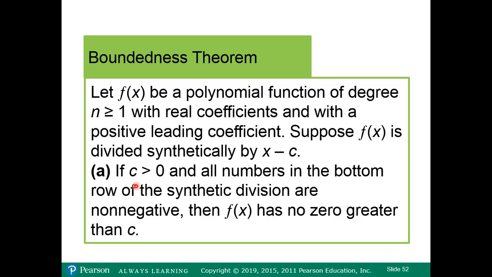So let me say that again. If we have a polynomial function with real coefficients and a degree that's at least 1 and a positive leading coefficient, and we divide synthetically by some x minus c, if c is positive and all the numbers on the bottom row of our synthetic division are non-negative, then f of x has no zero that's greater than c.